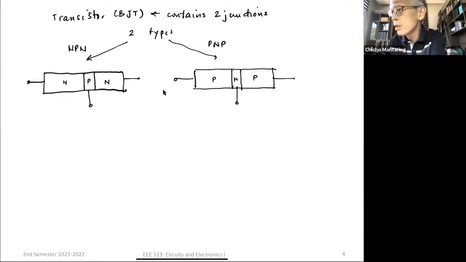So these are your terminals. One terminal we call the emitter. Another terminal we call the base, and the third terminal we call the collector. So this is E, this is B, and this is C. So E, let me do it somewhere else.